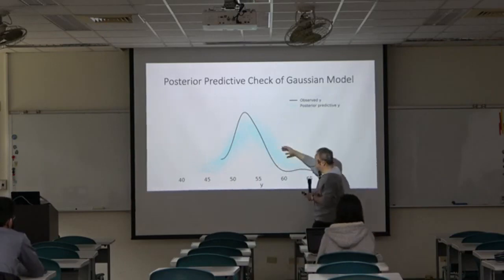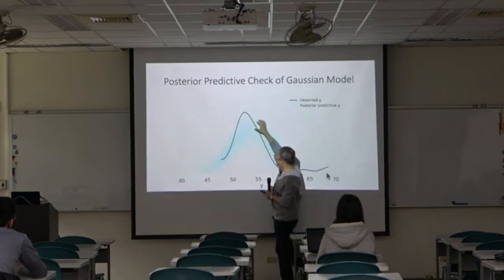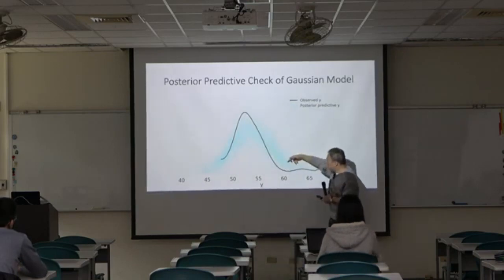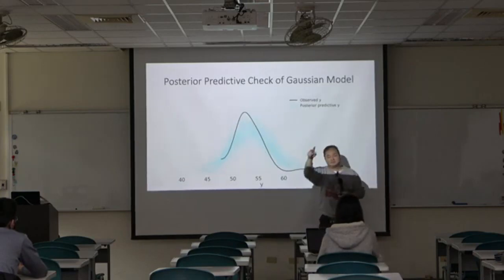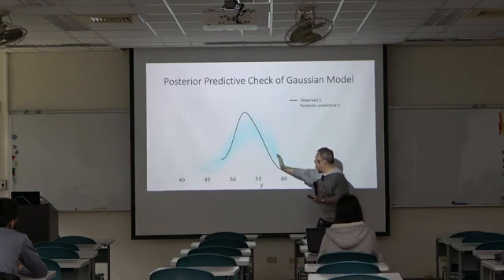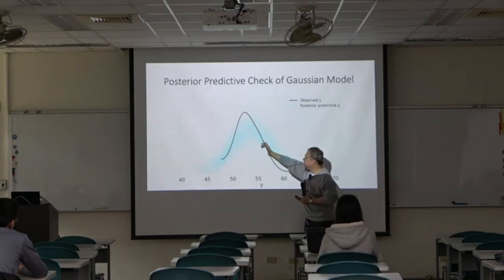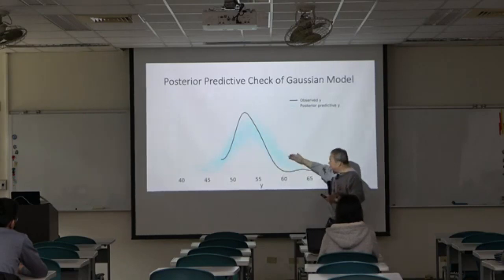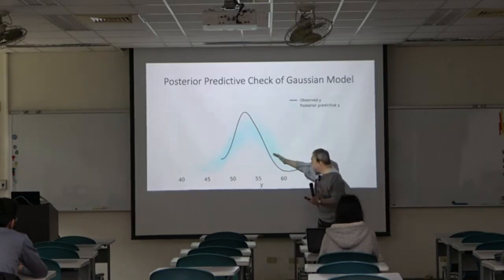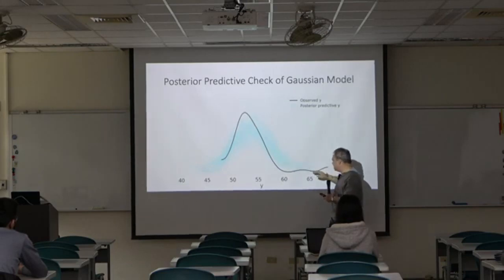You cannot observe it from the top, but you can observe it from here. The generated lines are much wider, not as concentrated as the dark line here, because it has to accommodate these two outliers.